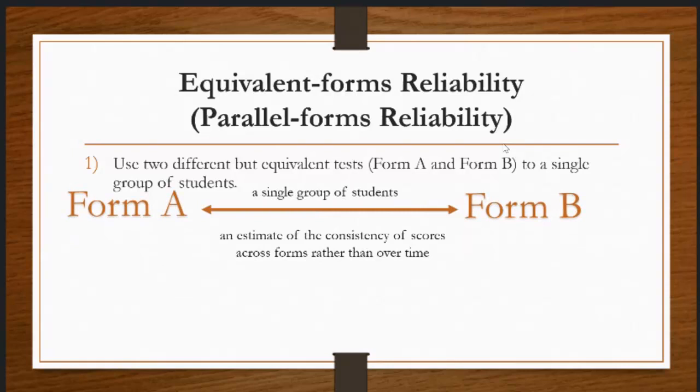Here you can see the diagram. It gives an estimate of the consistency of scores across forms rather than over time, while retest focuses on the time. The equivalent forms reliability focuses on the consistency of scores across forms.